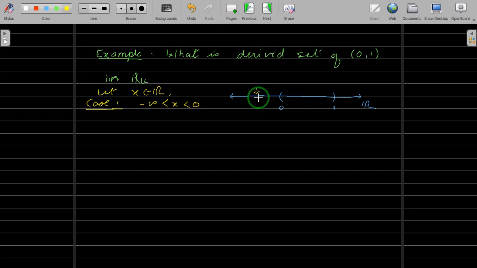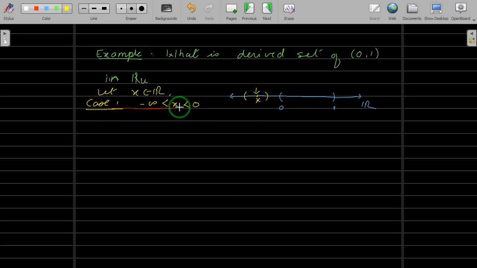It says every deleted neighborhood should intersect this set. But just by looking at this, you can find a neighborhood of X that will not intersect this. X is somewhere here. So you find R such that the neighborhood around X of that radius R will not intersect the given set. You can pause and you can find that R.